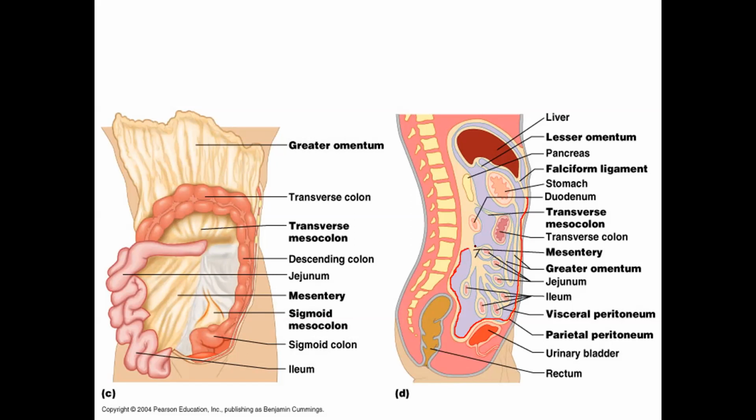Parietal peritoneum, right here. Okay, so now look at this duodenum right here. It's outside of the peritoneum. Okay, it's not inside. This is called a retroperitoneal organ. It is outside of the peritoneum.